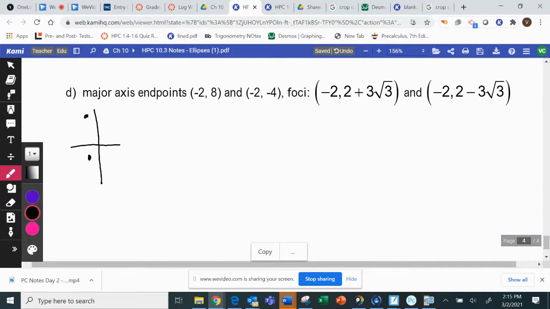Sanjay, tell me something that you can figure out from any of this information, just something. Okay. How are you going to figure out the center? What's that?